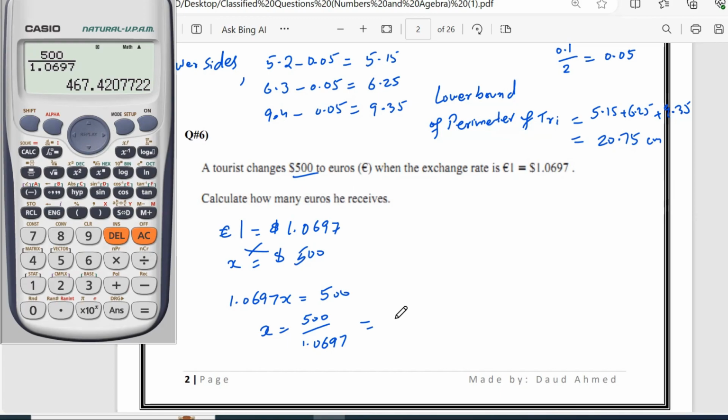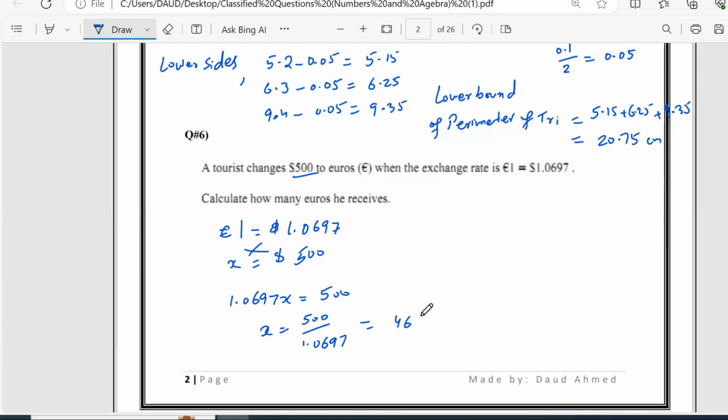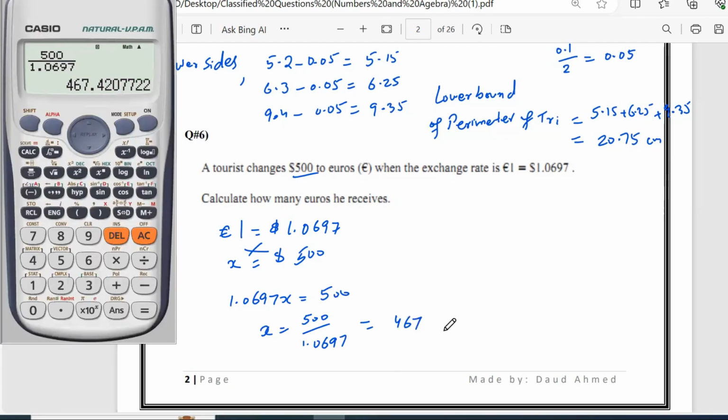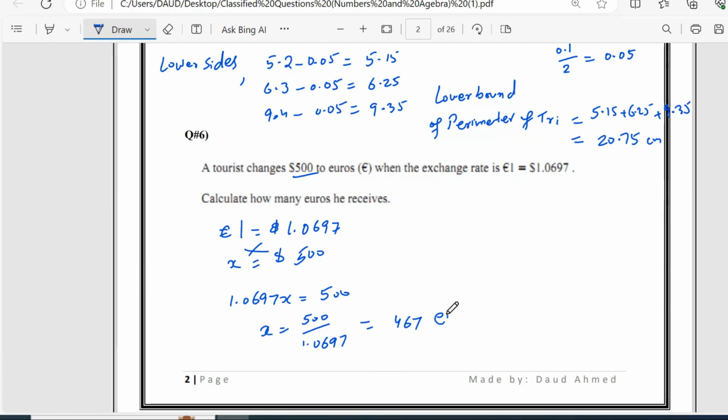So as a whole number, 467 will work for us. So we can say that these are the euros we have after using this currency exchange concept. I hope you get an idea.